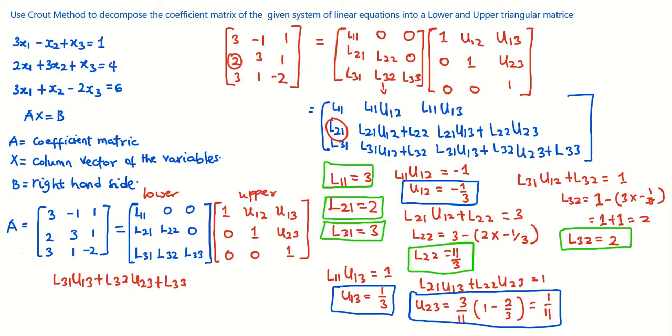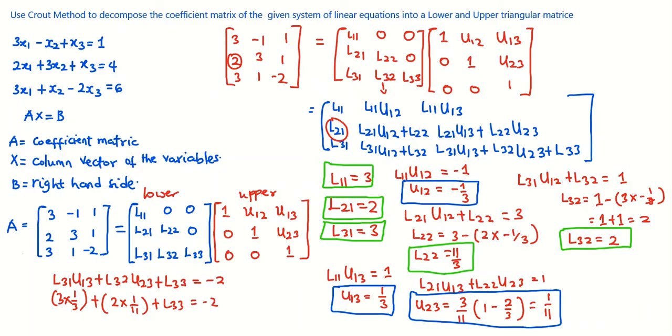So that means that you are finding L33, and that is equal to minus 2. So let's do the substitution. L31 is 3, and U13 is 1 over 3, right? And then plus L32, and L32 is 2, multiplying U23, which is 1 over 11, and then that plus L33 should be equal to minus 2.